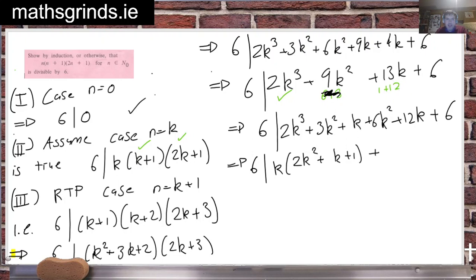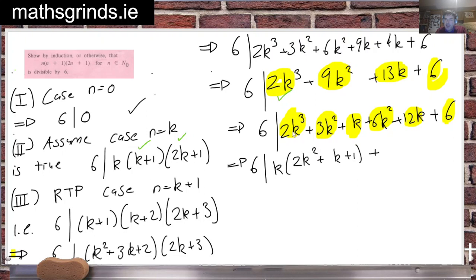Yeah, okay, so just to be clear, the 2k cubed is there. The 9k squared I've split into 3k squared and 6k squared. The 13k I've split into k and 12k, and the 6 I kept at 6. And the whole reason I'm messing about like this is to try and get back to what I had in step 2.